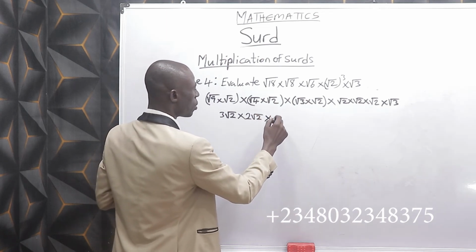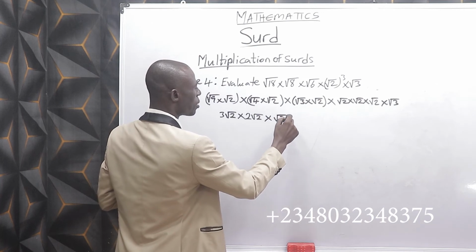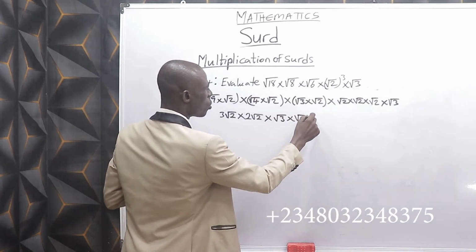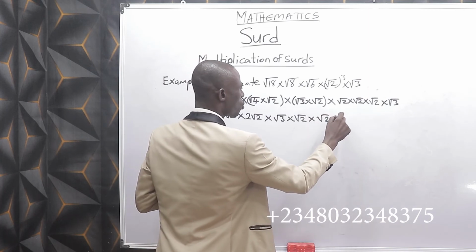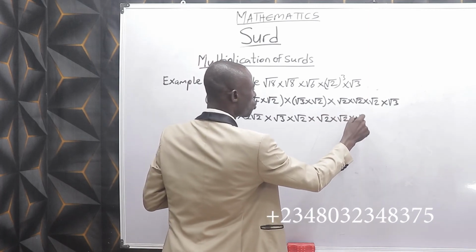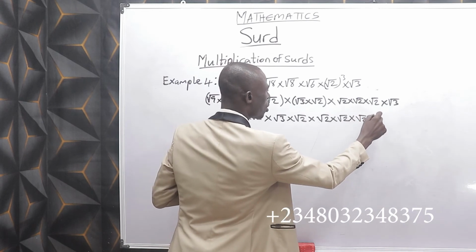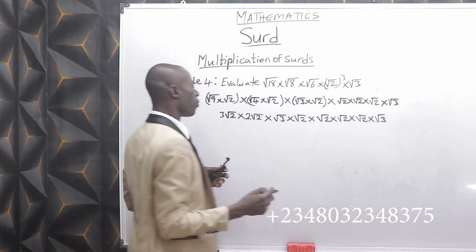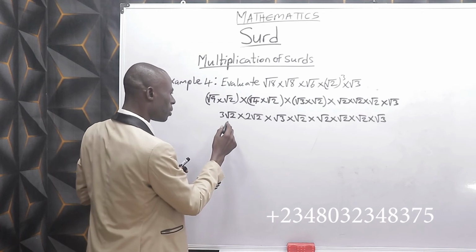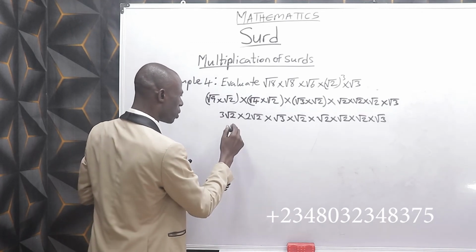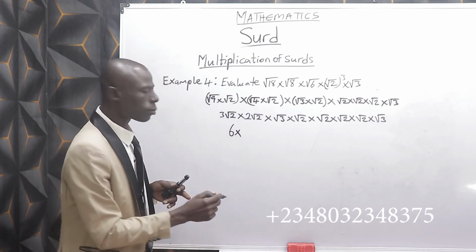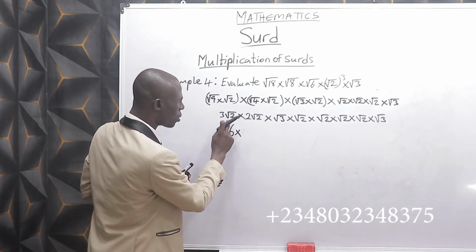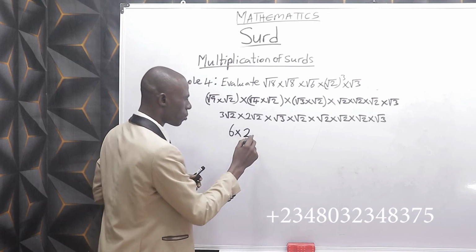Times root 3 times root 2 times root 2 times root 2 times root 2 times root 3. From this, you remember 3 times 2 is 6, times root 2 times root 2 is 2.